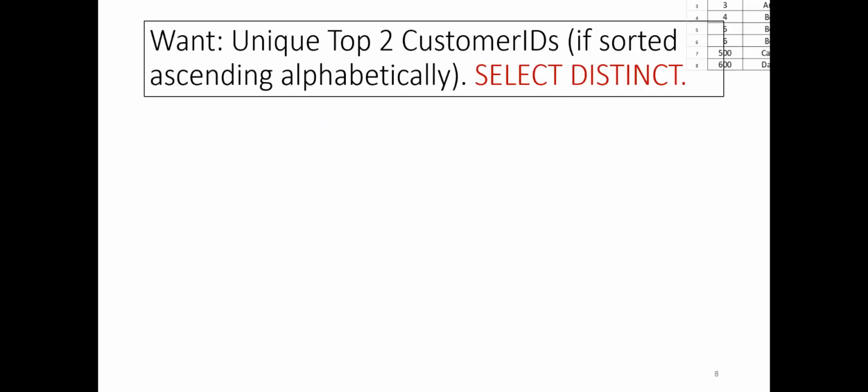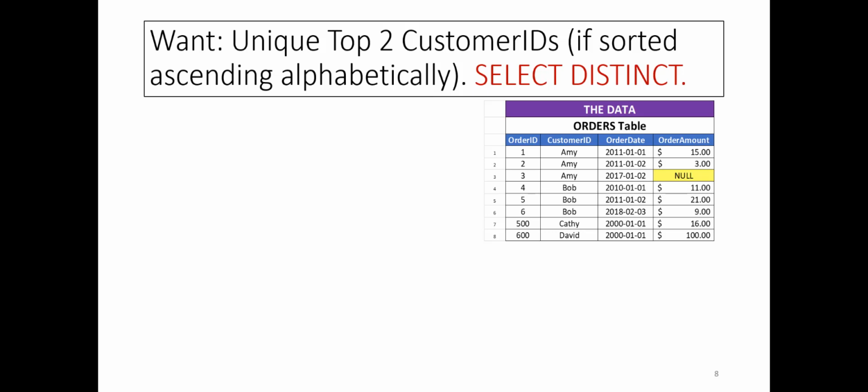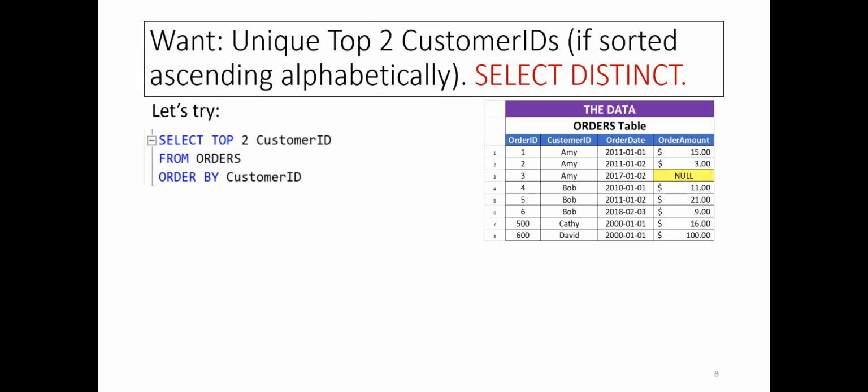Let's consider another example. Let's say we want to list top 2 unique customer IDs based on the sort order. So we try this query, hoping to get this result.